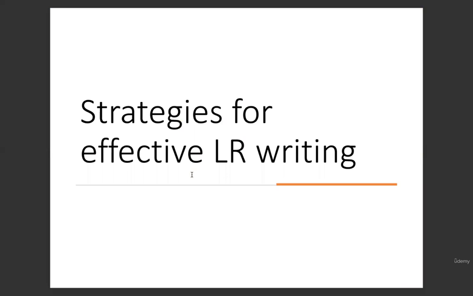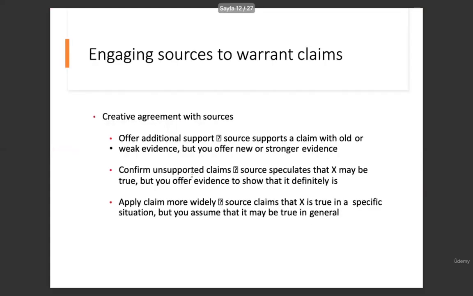So let's talk about some strategies to be able to write an effective literature review. First of all, while engaging sources, you should create an agreement with the sources. This is one of the ways, actually. You can offer additional support.